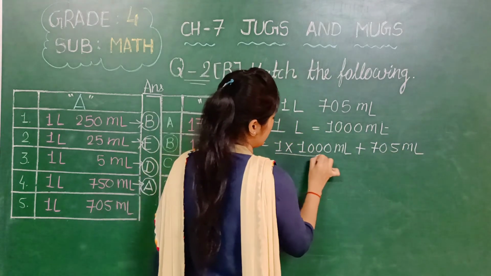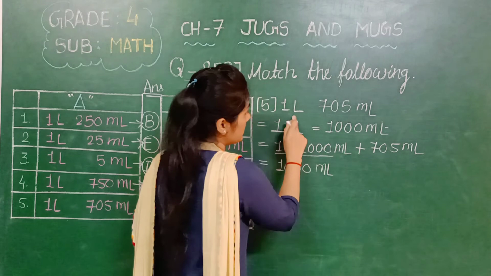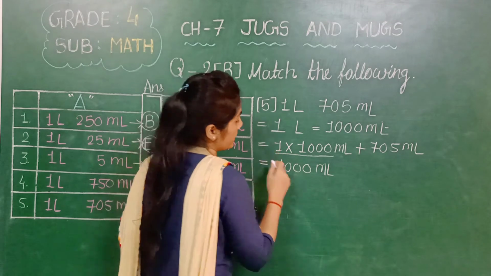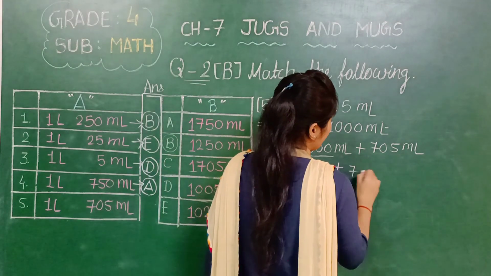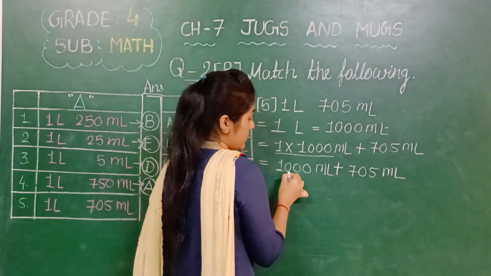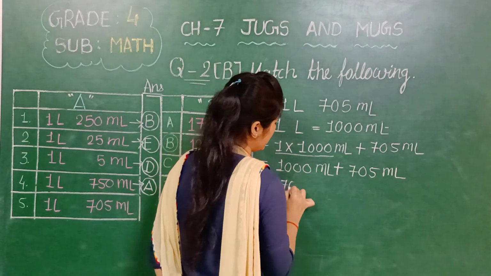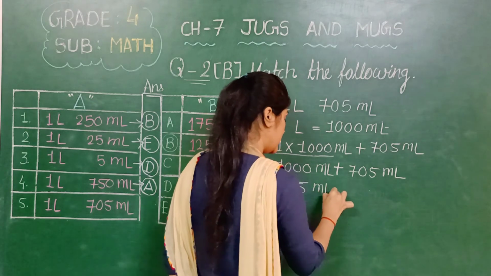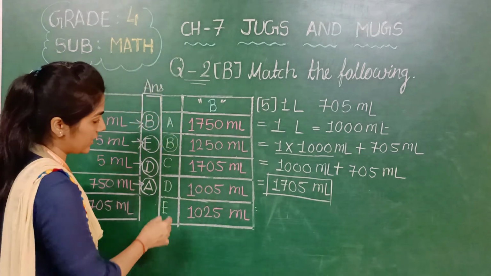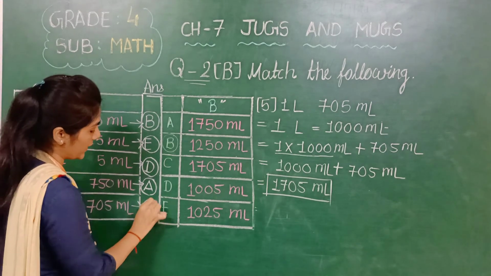And 1 multiplied by 1000 is 1000 milliliter. Here we are removing this liter unit because we have just multiplied this 1000 with this 1. Plus 705 milliliter. Now the addition is very easy. 1000 plus 705 is 1705 milliliter. So this is your answer, and this answer is given in front of this C alphabet. So we can write the C here in front of 5.